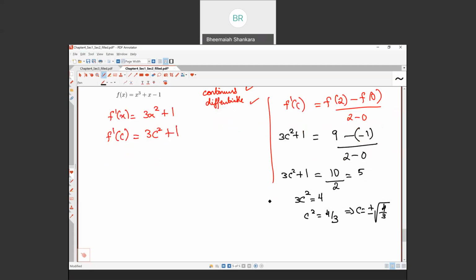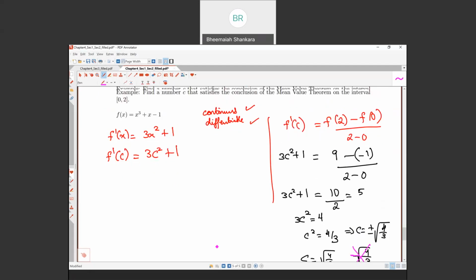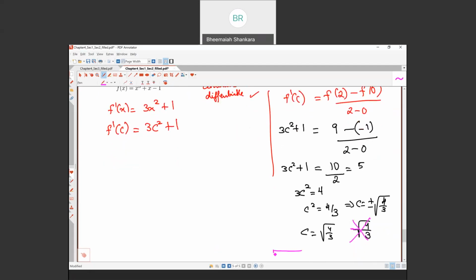But when you split the signs, you have root 4 over 3, and then you have negative root 4 over 3. Now you want to cross out this negative value. The reason is this is lying outside the boundary 0 to 2. You want to pick a value between 0 and 2.